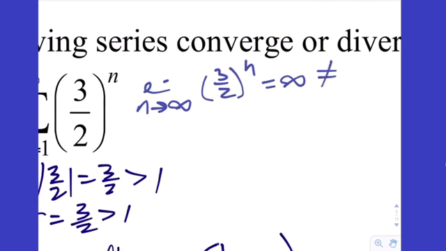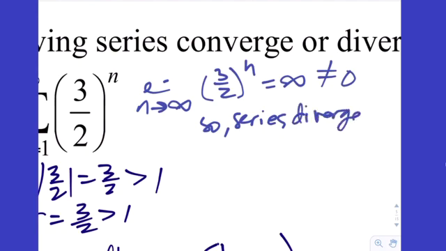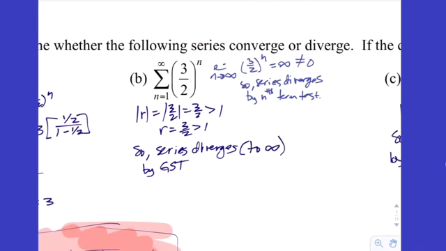And infinity is not 0, so the series diverges. And this time we could say by the nth term test. Is that the same result we got yesterday with the GST? Yeah. So if it falls under more than one test, you should get the same result for each test. That's how math works.